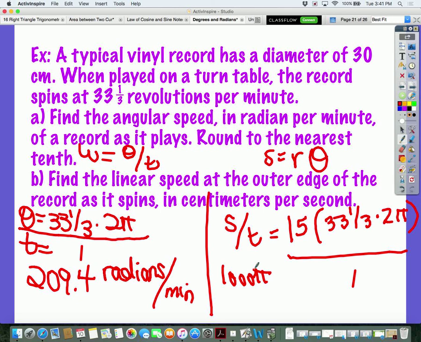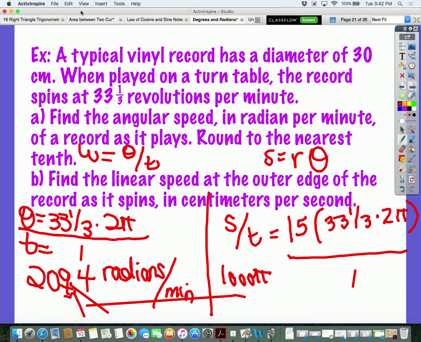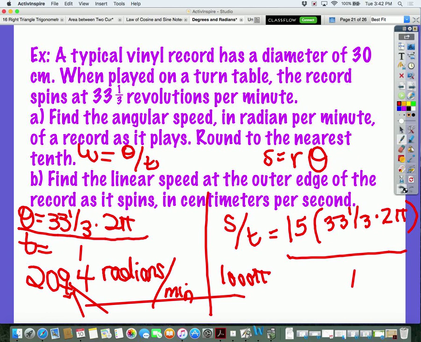Now I don't have a calculator on me, so I'm just going to leave it for right now in terms of pi. So we have 1,000 pi over 1, and that represents centimeters per minute for my linear speed. Now, it doesn't ask me for centimeters per minute, it asks me for centimeters per second. So what I'm going to have to do is take this fraction here and convert it to seconds.